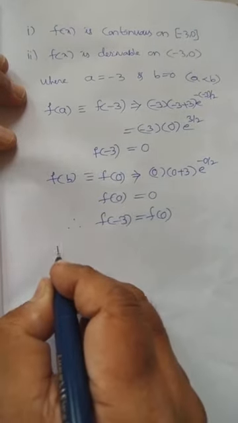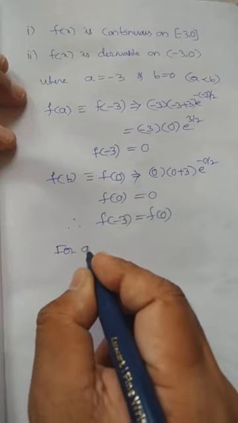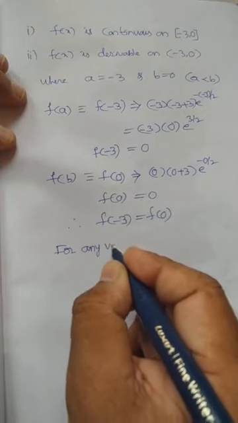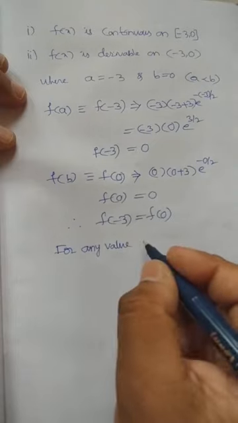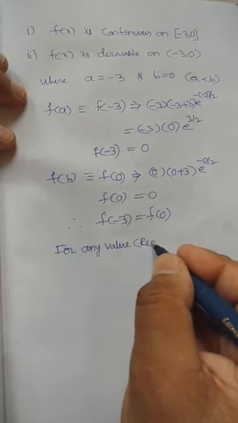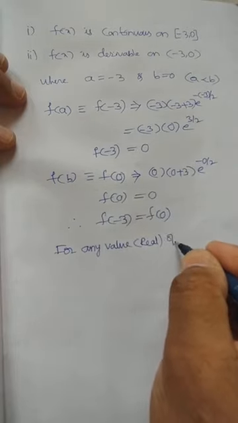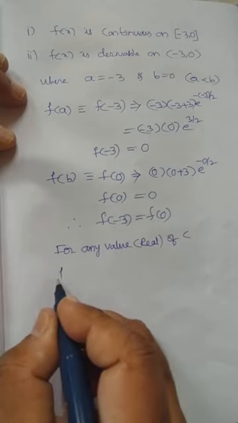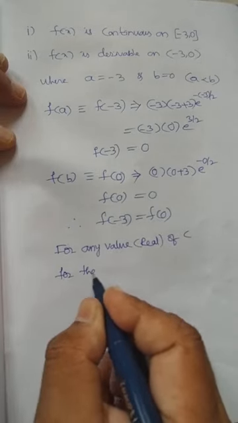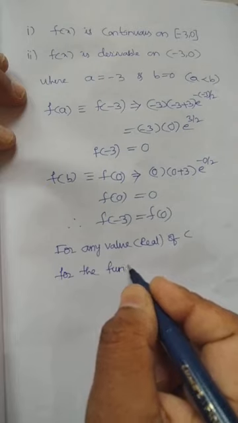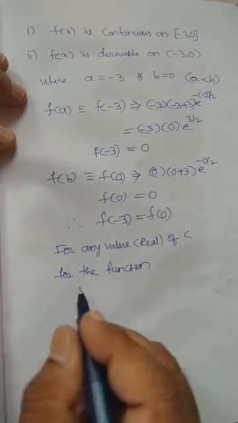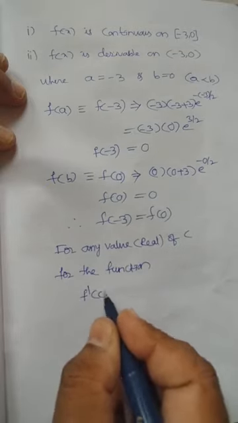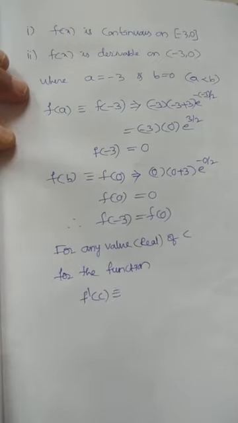Now next step, for any value, bracket it is what now? Real of c for the function f dash of c. Why? Because I have already found the f dash of x value.